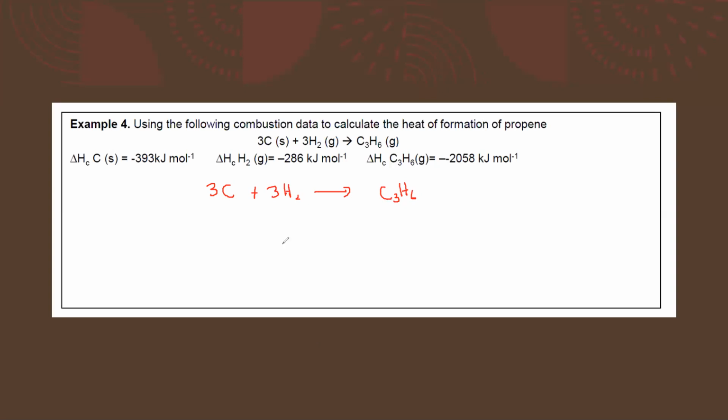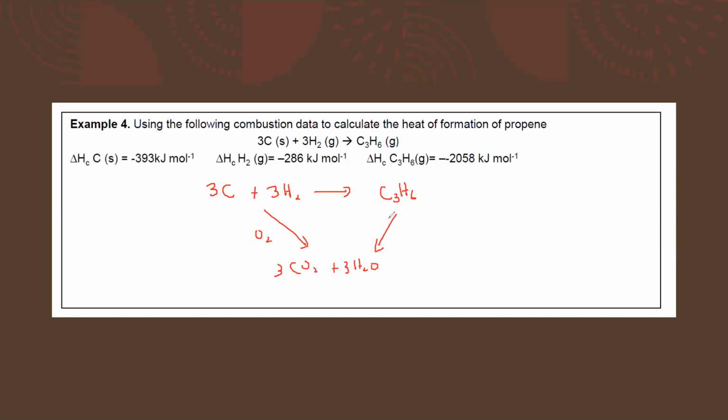If we burn this, what would it be? Because for burning we need oxygen, so it will give carbon dioxide and water. But the equation must be balanced in terms of carbon and hydrogen: you need 3 carbon and 6 hydrogen. For oxygen it's not necessary, because oxygen is not the main reactant, so it will not make a difference.